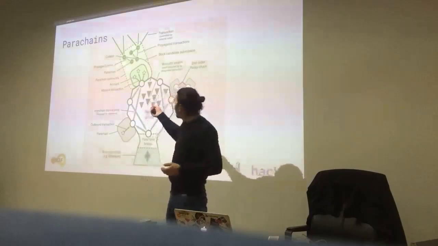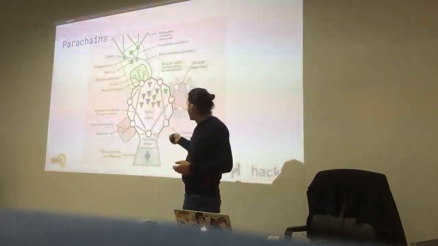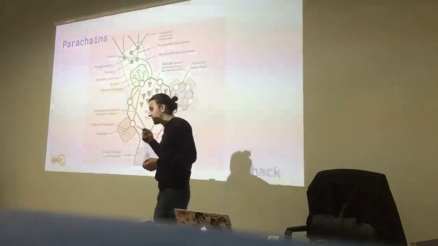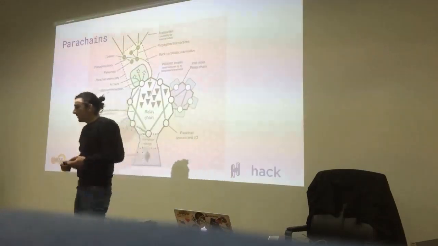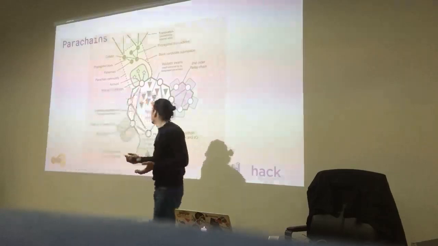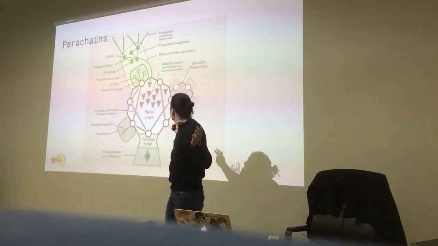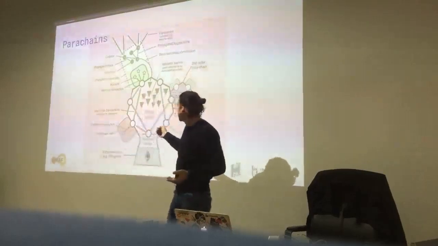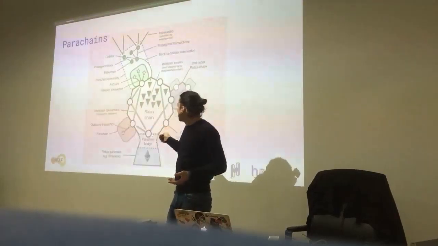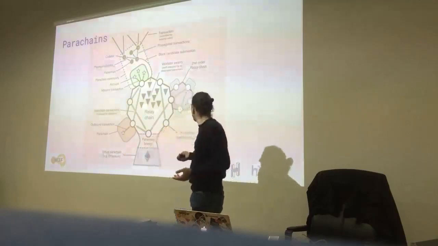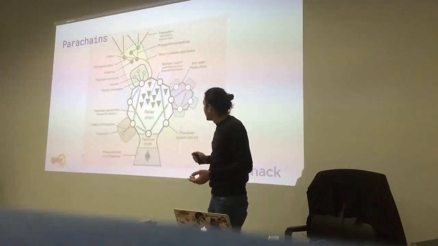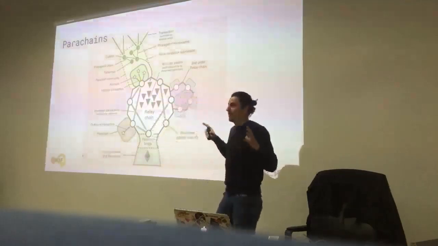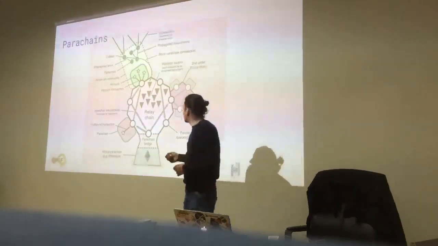So this green thing here is the parachain. This is the whole relay chain, if you remember from the previous meetups where we talked about parachains and the whole Polkadot structure. It's basically, we have a relay chain, which is the main chain, handling the whole security layer and the basic layers of the blockchain.